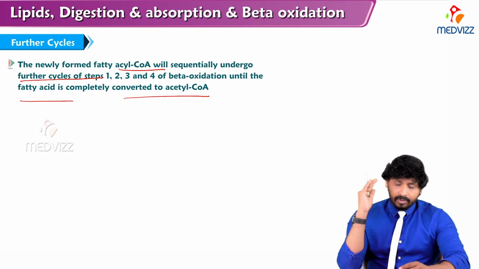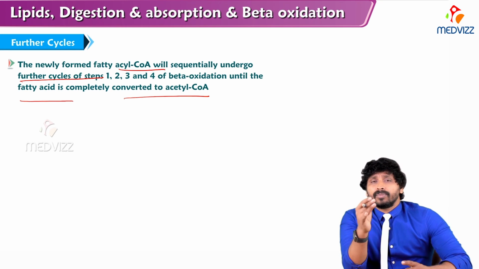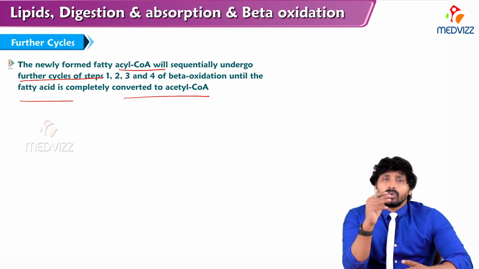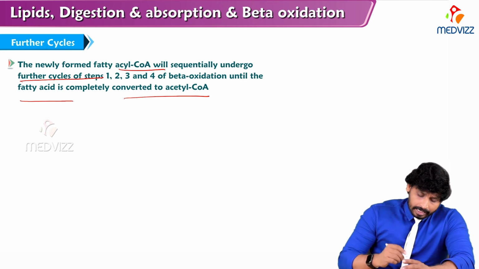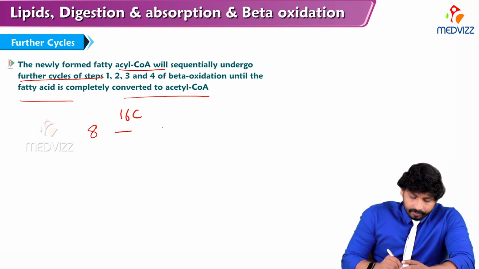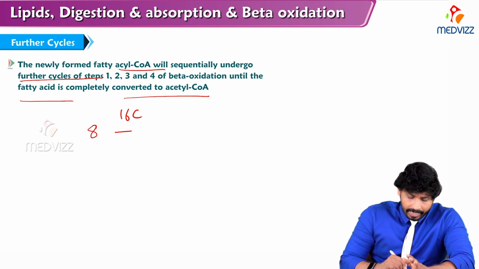Remember, take the example of beta oxidation of palmitic acid according to the old calculation, where NADH is 3 ATP and FADH2 is 2 ATP. For 16 carbon palmitic acid, 7 cycles happen, so totally 8 acetyl-CoA are produced. 8 acetyl-CoA at 12 ATPs each, 8 into 12, produce 96 ATPs.